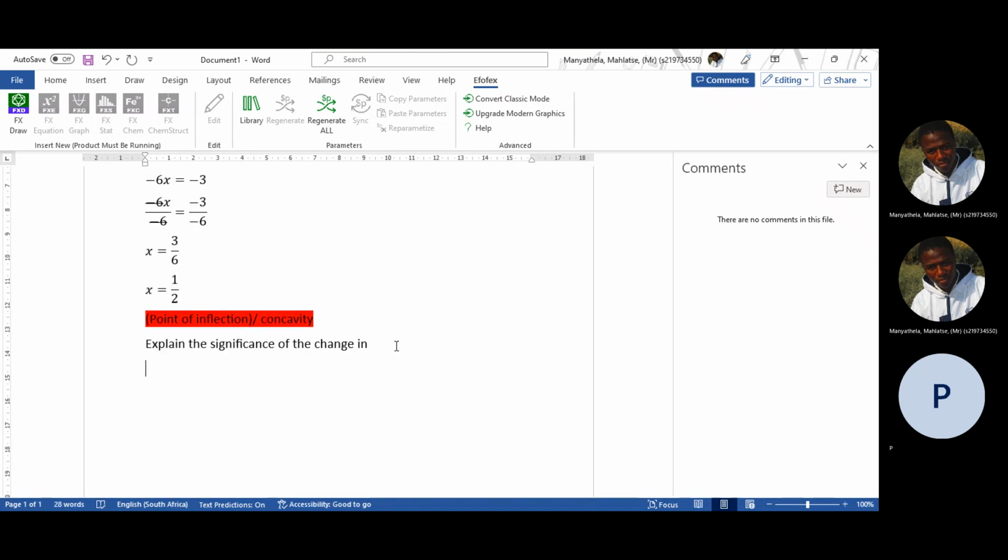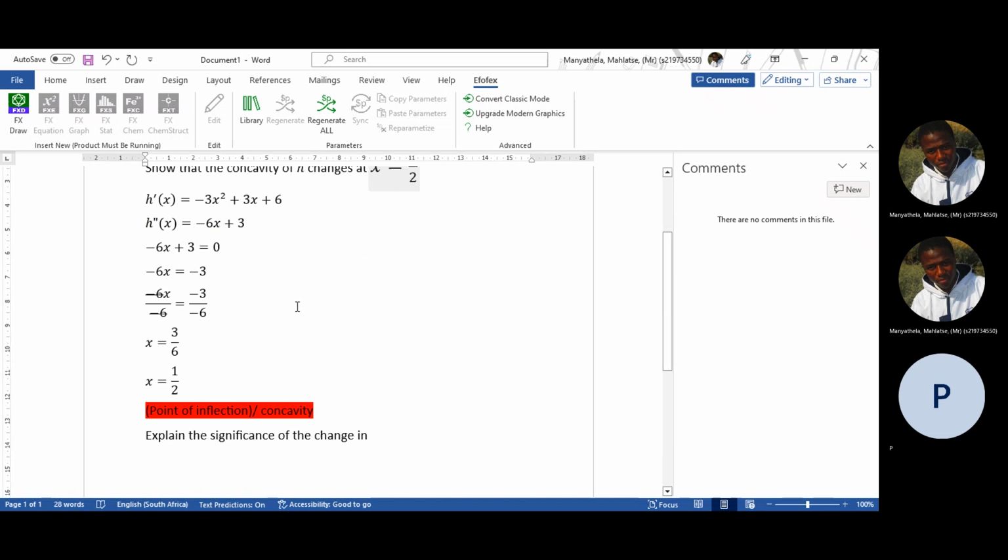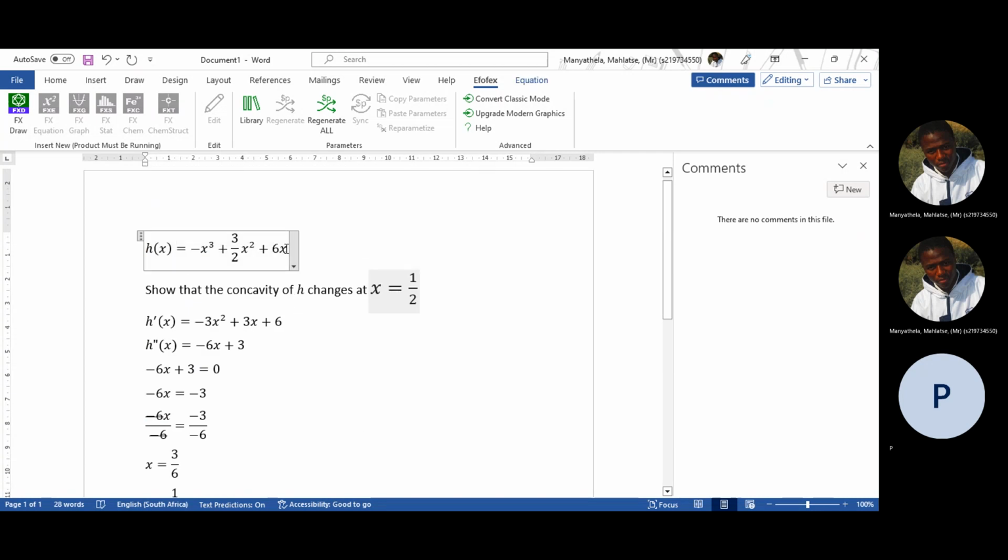Okay, I want to draw this graph here. It's taking time to draw the graph. I don't know why.